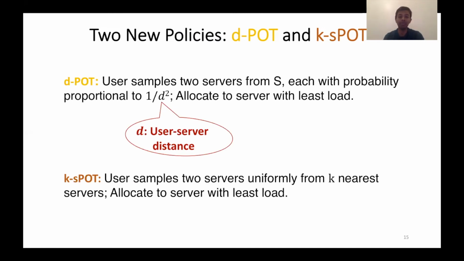Another policy that we propose is KSPOT, in which each user forms a candidate set of size k, which consists of the k nearest servers to that particular user. From that candidate set of size k, it samples two servers uniformly at random and then gets allocated the one which has the least load.